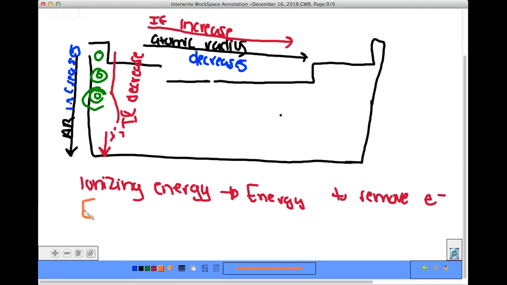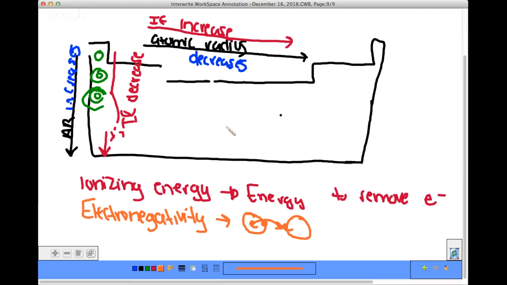The other one that we have is electronegativity. And electronegativity has to do with how strongly it's going to attract an electron from another element. So when we think about that, if we have, say, an electron over here, and this is some element right here, and we have another electron over here, this atom is going to be attracting this electron. And we talked a lot about that idea in class as to why that happens.